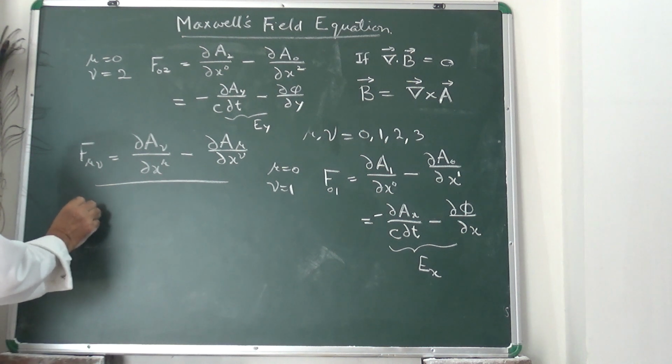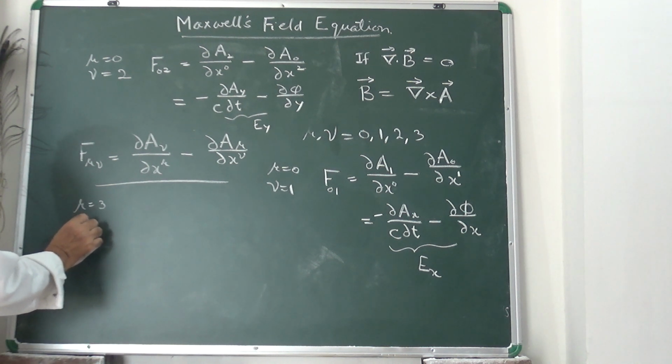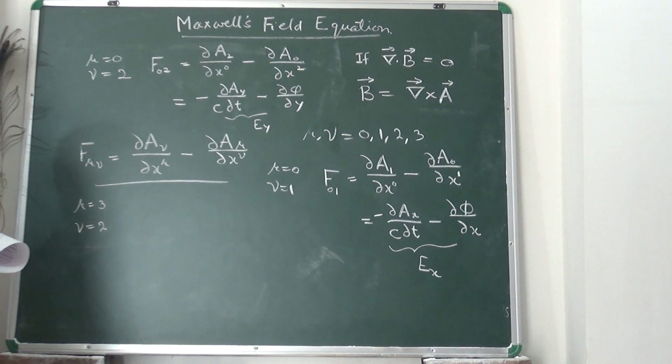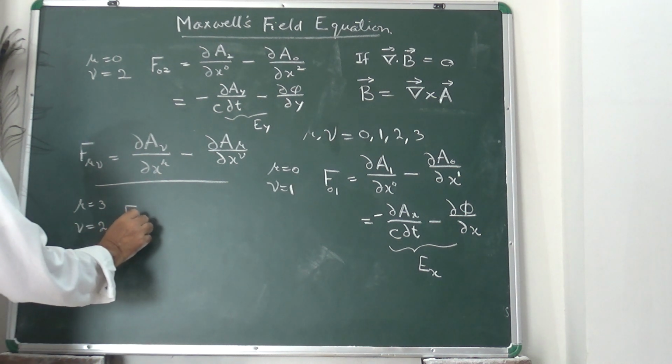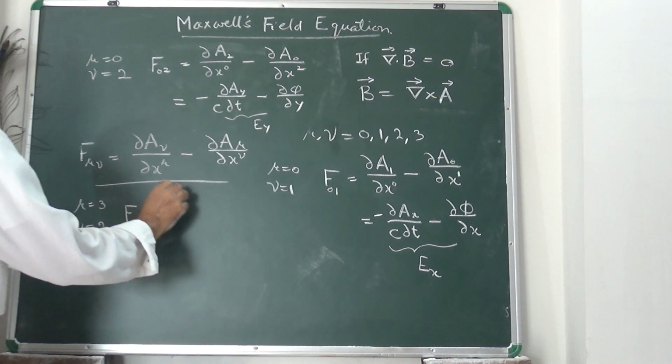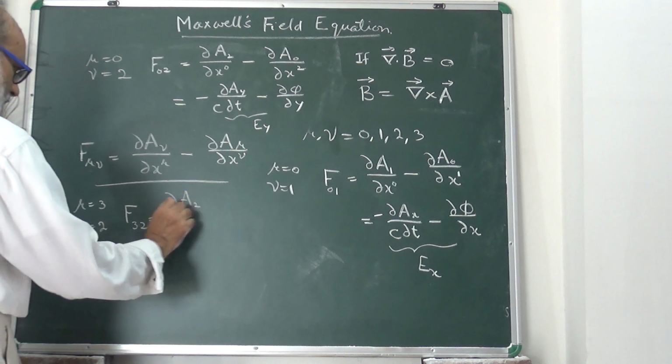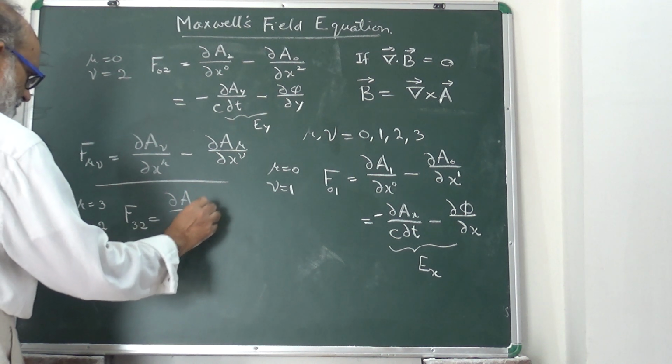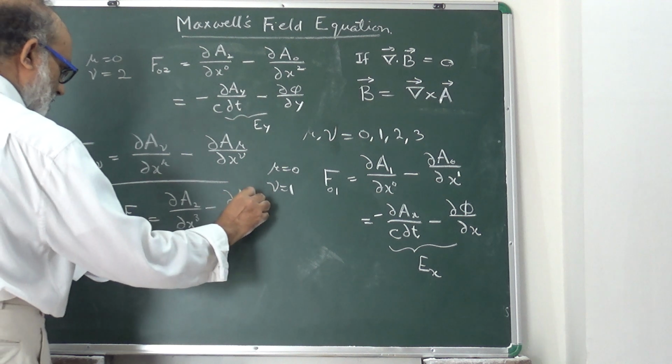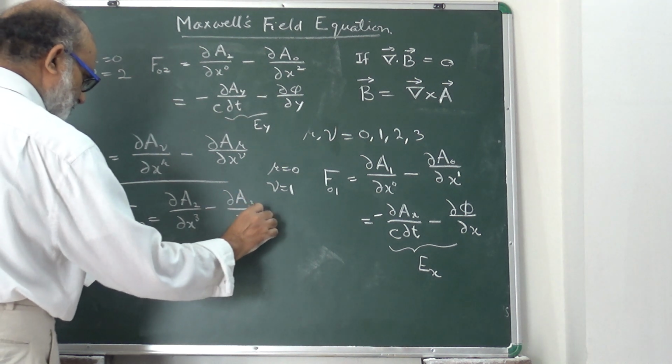Take mu as 3 and nu as 2. You get 3, 2: delta A2 by delta x3 minus delta A3 by delta x2.